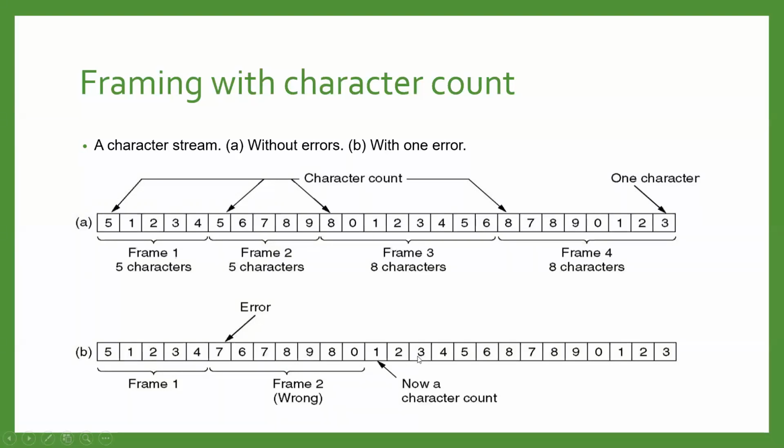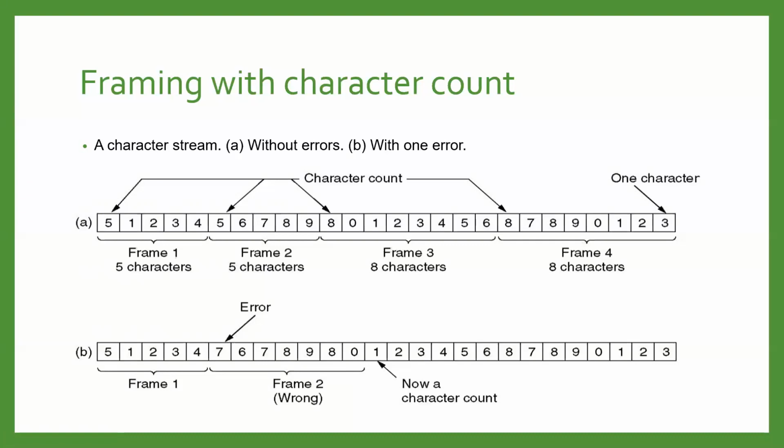What if the character count gets changed due to an error? It will become an issue at the receiver side: where to start and where to end the data. The correct one should be 5 here, but it is showing 7, and that is why we are including the next bytes into this frame, which will show you the error because of the error in the count.